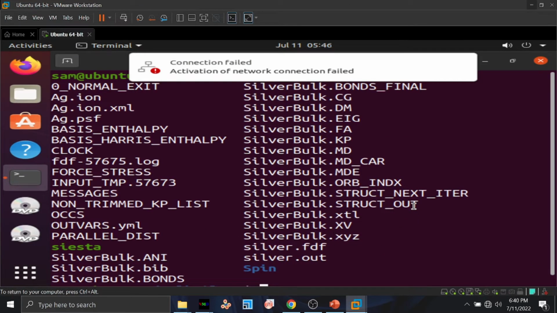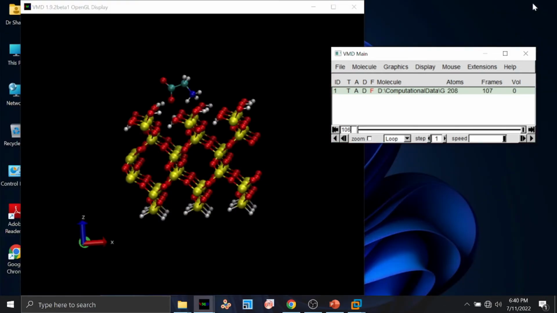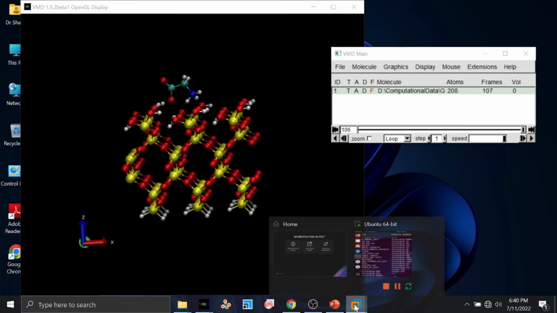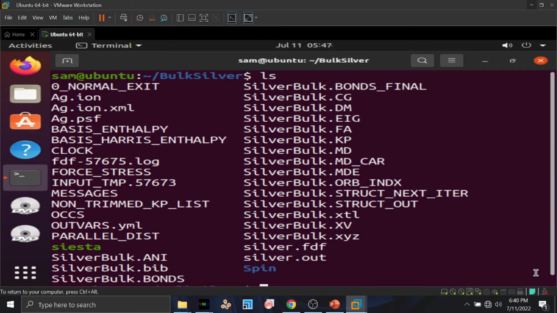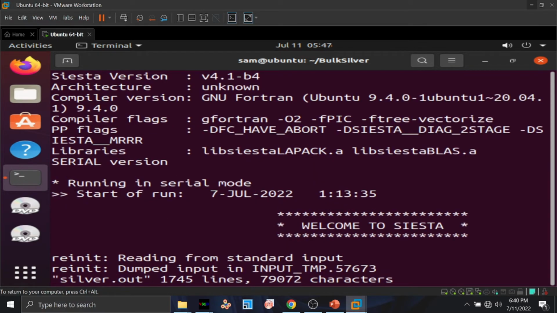Let me check what else I was showing you. Okay, so this is all about the simulation input file. Yes, I remember. Let me show you the output file, silver.out.